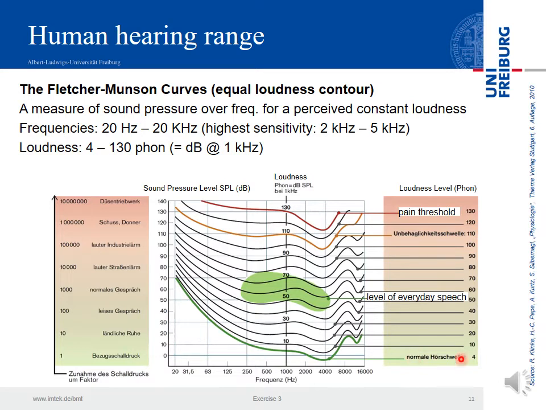And on the right hand side we see here the loudness level in phon. That means the dB sound pressure level at 1 kilohertz. And the pain threshold is about 130 here. And this damages the hair cells dramatically in the inner ear.